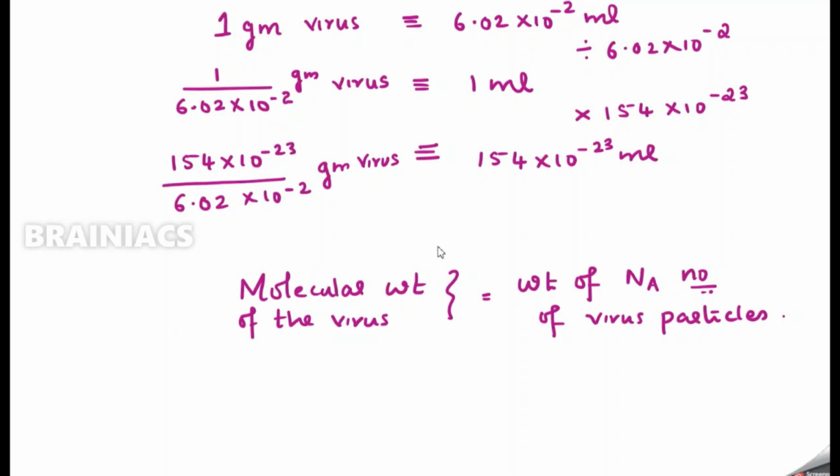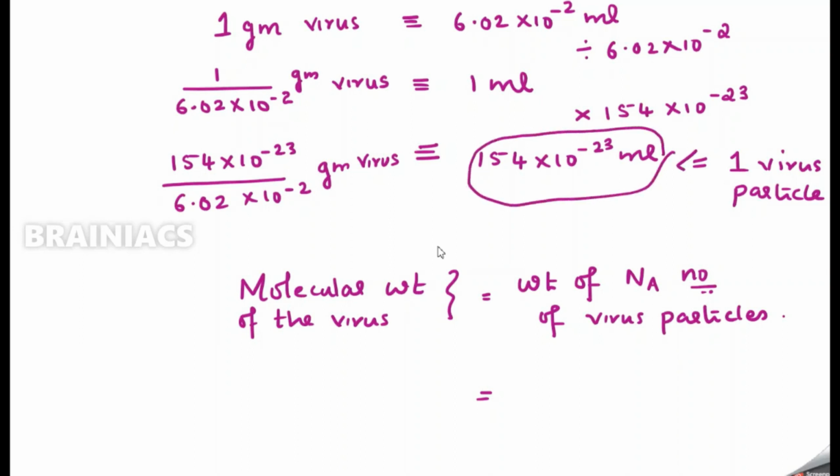We know that one virus particle has a volume of 154 into 10 power minus 23 ml, and it has a mass of 154 into 10 power minus 23 divided by 6.02 into 10 power minus 2 gram.